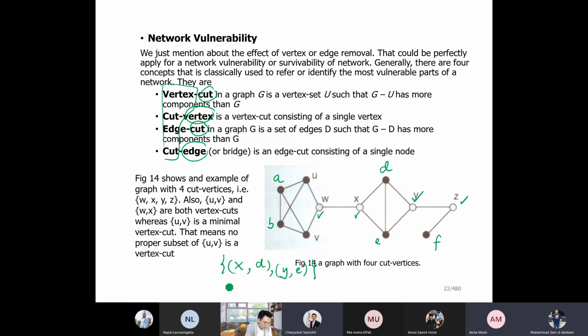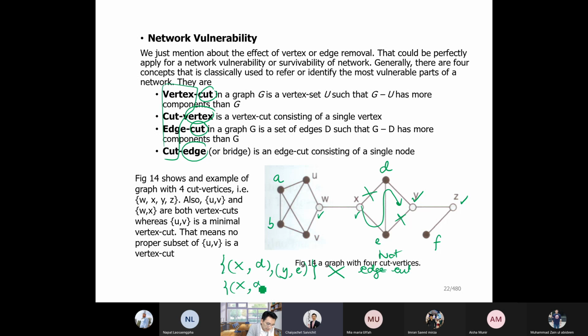Not, because we have D E. If you cut this one and you cut this one, you're still okay with this, so it's not disconnected. So X D is not a cut edge.